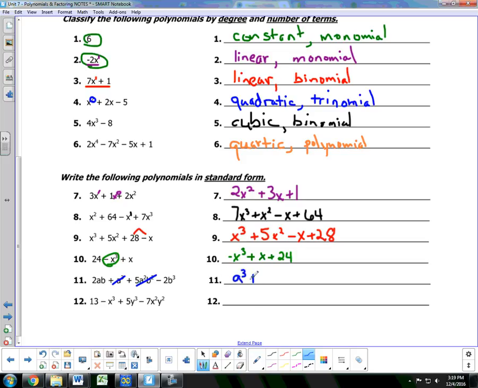So plus 5a squared b squared. Okay, next one must be 2ab, because this last one doesn't have any a's on it. So we'll go plus 2ab is our next term. Get rid of that. And then minus 2b cubed.